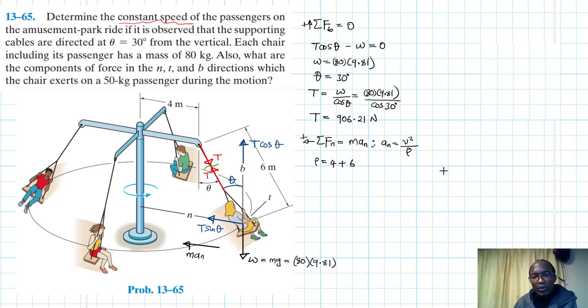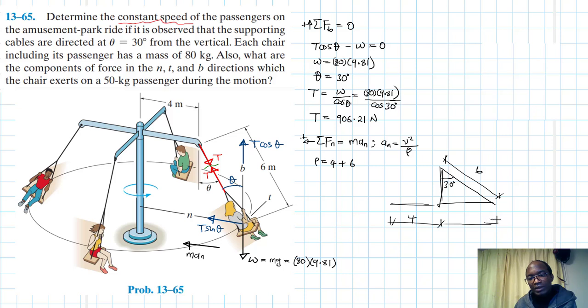We have this angle of 30 degrees, this length here is 6, and the other length to the center is 4.